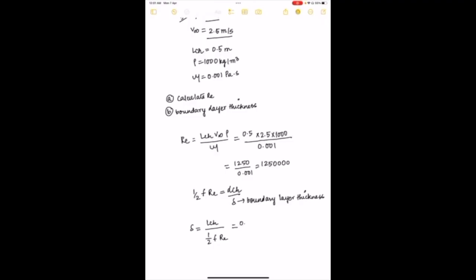LCH is 0.5, half into 0.04 into 125000. While calculating, we get 2 into 10 to the power minus 5 meter, which is 0.02 millimeter. So we get our boundary layer thickness as 0.02 millimeter and our Reynolds number as 125000. Thank you.